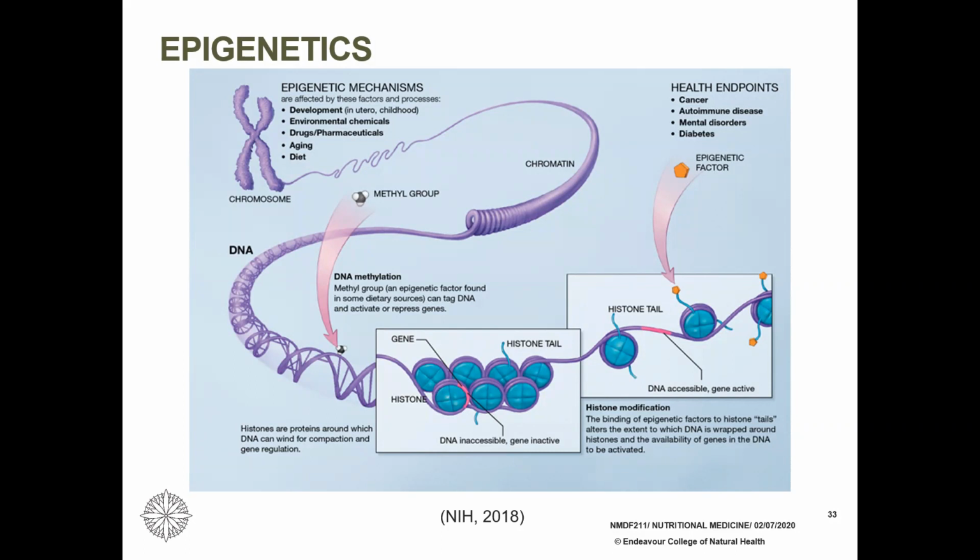So the point I'm trying to make is that either way, the genes may or may not be expressed, and we are still learning. We are still not sure which gene is expressed by adding a methyl group and which is expressed by removing one.